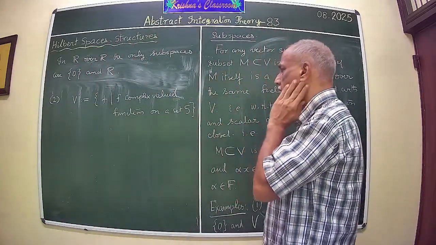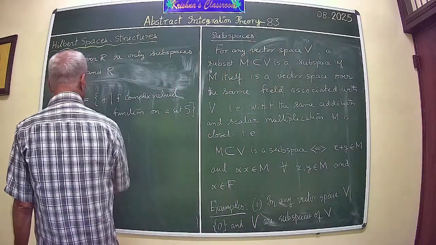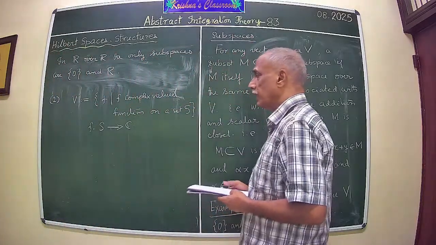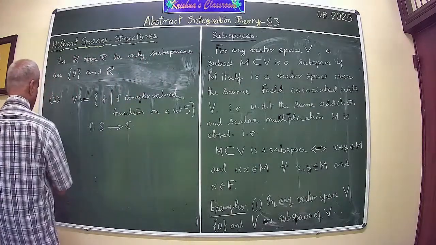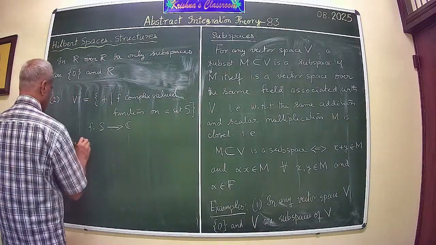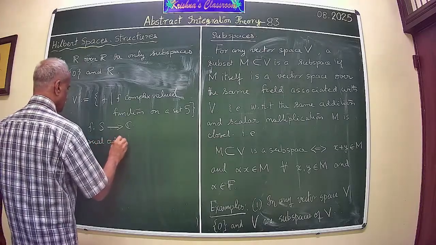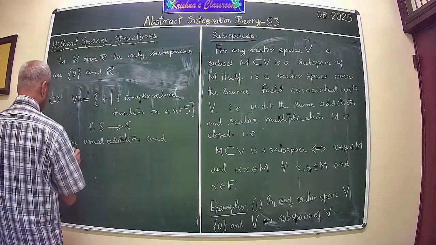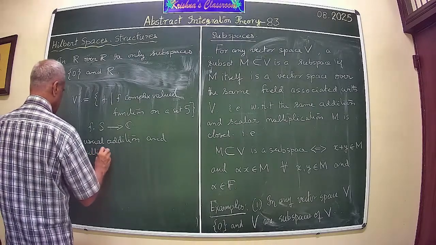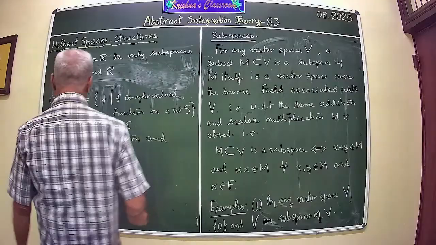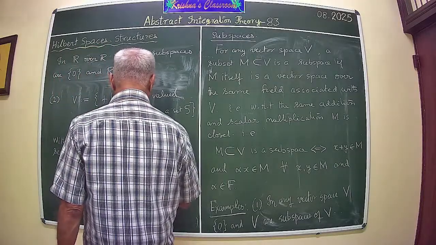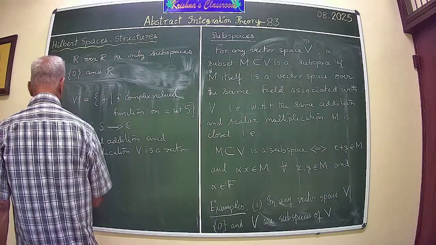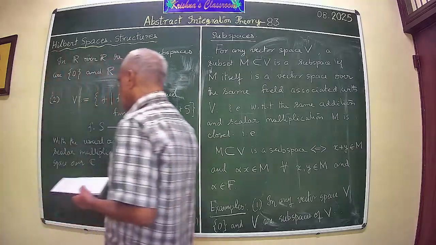So f is a complex valued function on S. That means f is defined from S to C. Now we can define, with the usual addition and scalar multiplication, V is a vector space over C. So, a vector space over C.